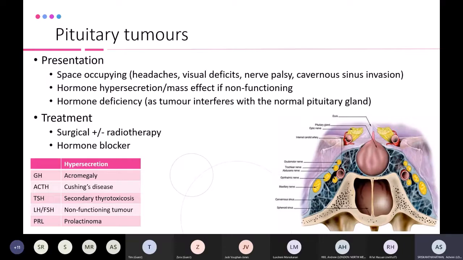And TSH, you can get thyrotoxicosis, and this is secondary thyrotoxicosis. So if you go back to the endocrine lecture that was done, it goes into more detail about the thyroid function tests and how to interpret them. And your LH and FSH producing tumours are usually non-functioning tumours.